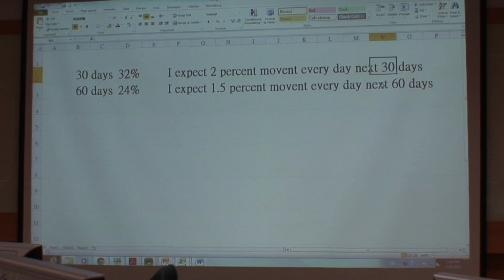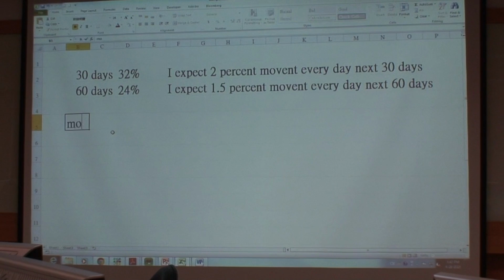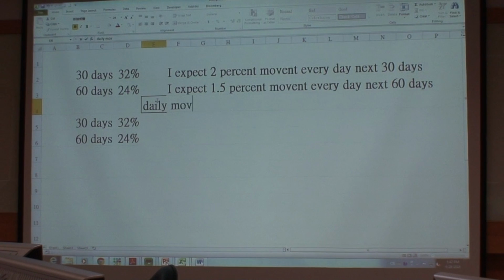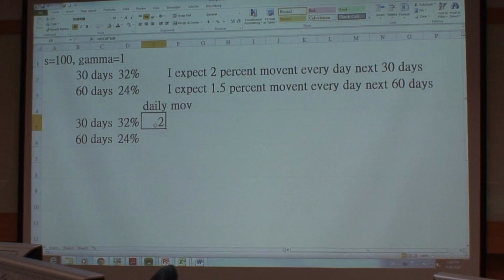So what happens in these 30 days after? What we can do is just copy this. The first part is what's the daily move? For this, the best way would be to say the stock trades at 100, I have 1 gamma. Then I can start filling in: $100 stock, volatility 32, divided by 16, multiplied by the share price, is $2 movement a day.